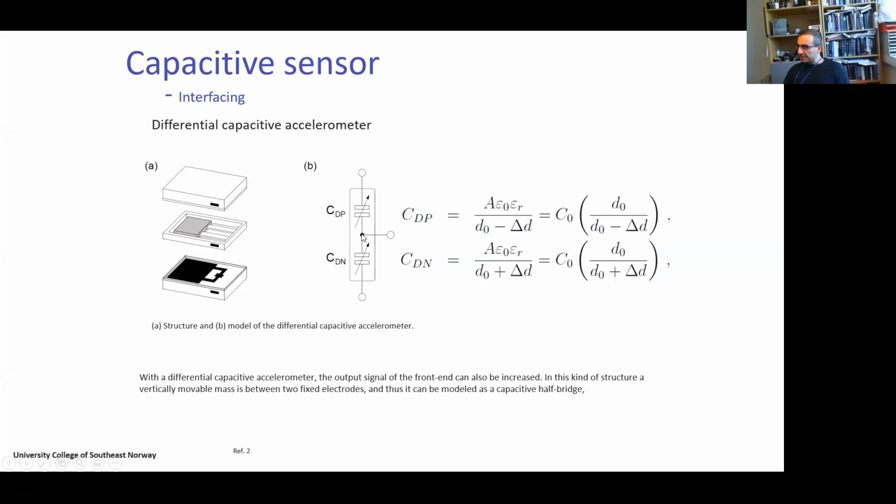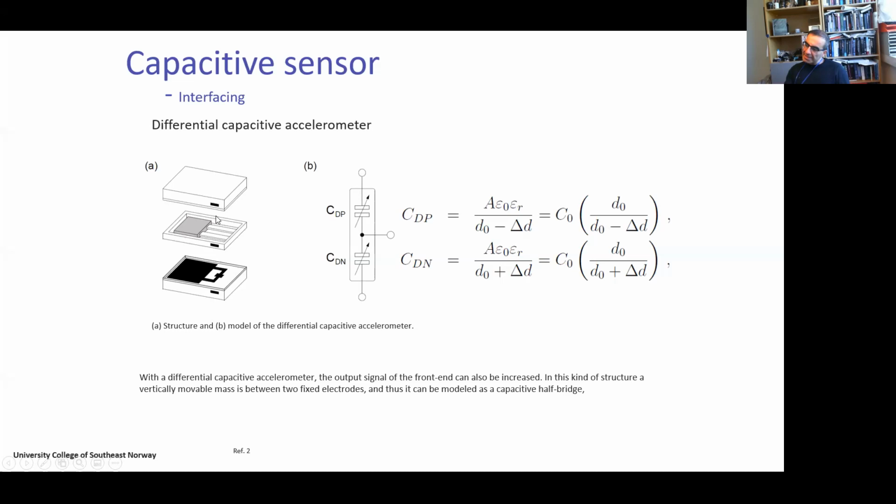These capacitors will increase and decrease in size opposite of each other. When, for example, the mass goes up, the distance D decreases, CDP decreases, and CDN increases, and then we'll have a change in the capacitance.